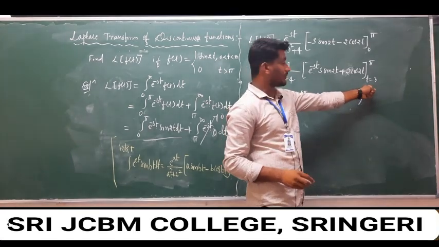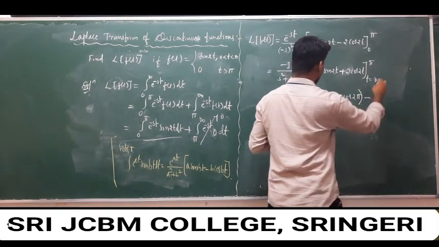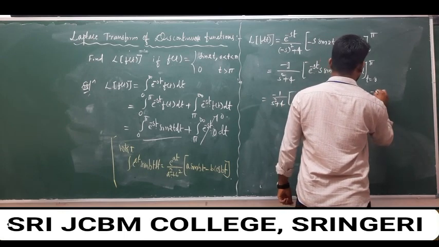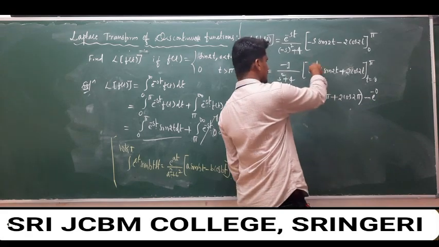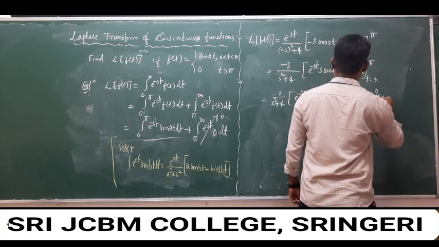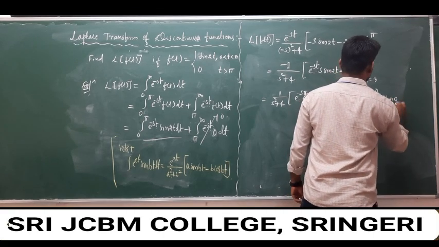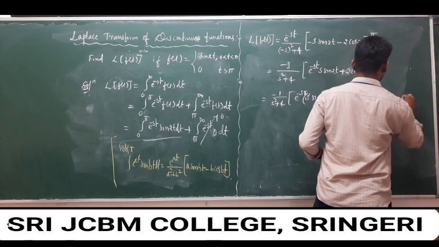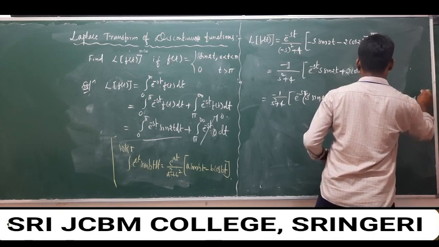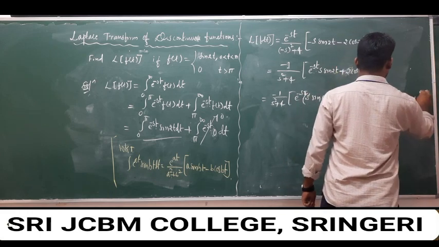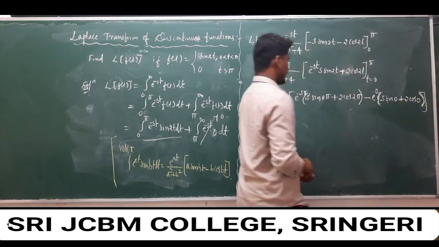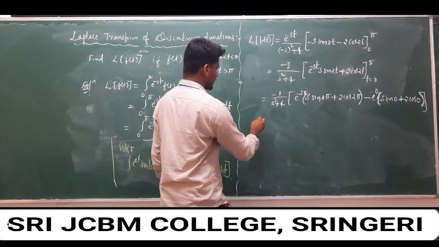Next minus, now apply the lower limit value when t is equal to 0. Here e^(-s times 0), which means e^0, times s sin 0 plus 2 times cos 0. So with the upper and lower limits done, now substitute the values.